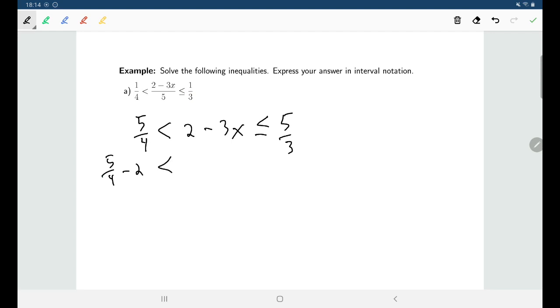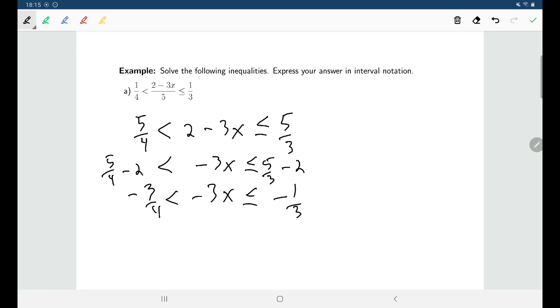In the middle one, when I subtract the 2, I'll just be left with -3x. And 5/3 minus 2. And now I'm just going to use my calculator to simplify that. 5/4 minus 2, that's -3/4. And 5/3 minus 2, that is -1/3.